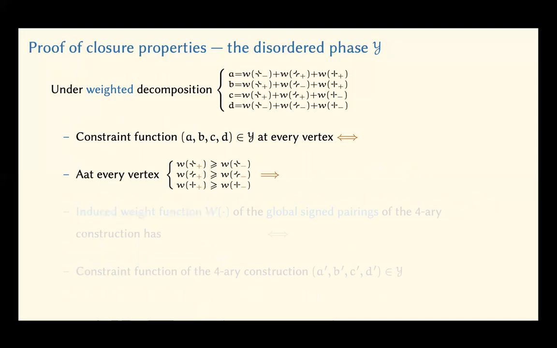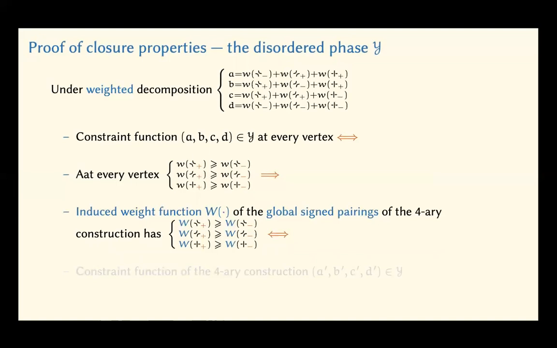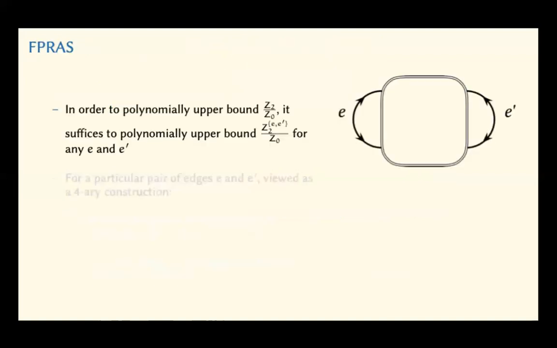So with quite complicated and technical analysis, we can show that the induced weight function capital W of the global signed pairings also has this property, which means the constraint function of the Fourier construction must also lie in Y. So now we have the second closure property.